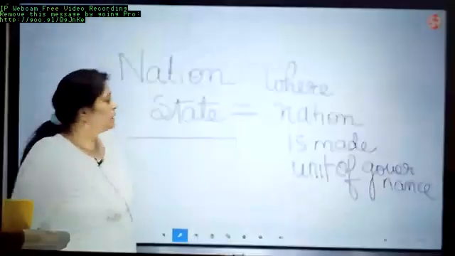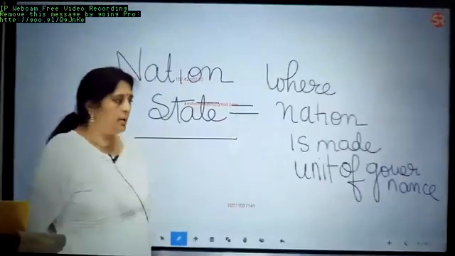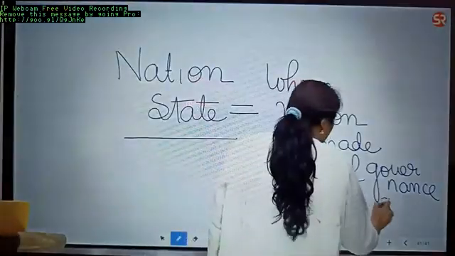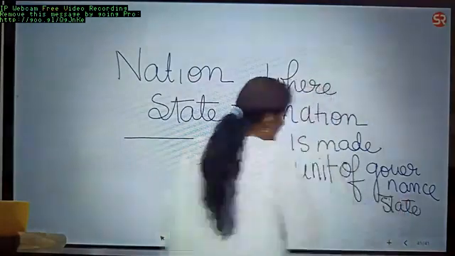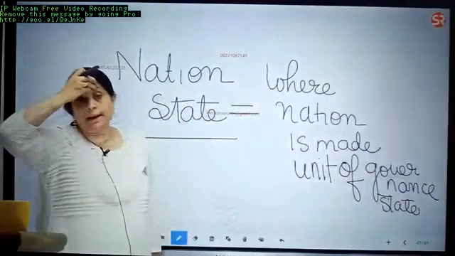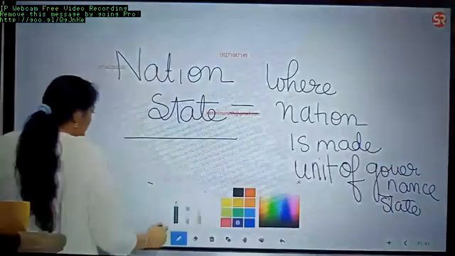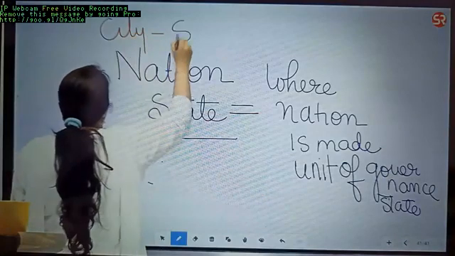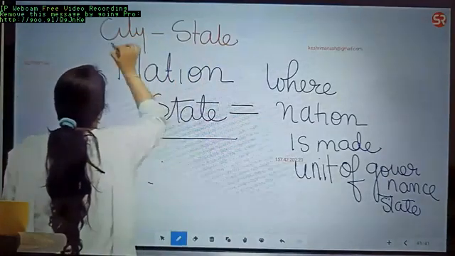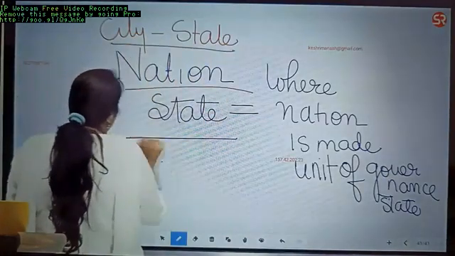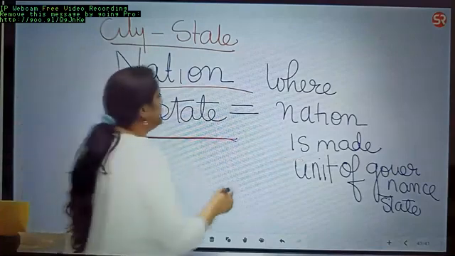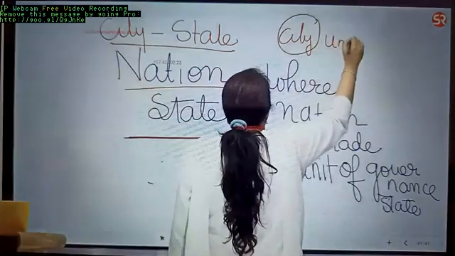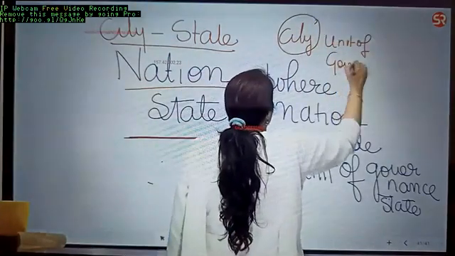Where nation is made the unit of governance or the unit of a state. So in ancient times, we had the city state. Nation state is an adjective. In a city state, one city was seen as a unit of governance or a state.